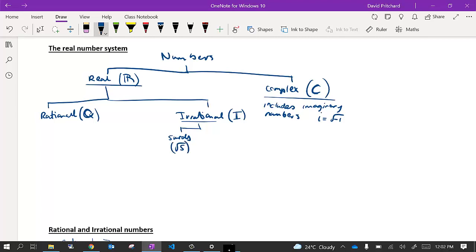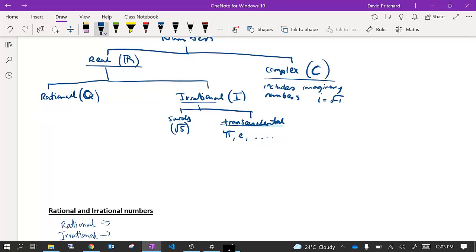A square root or a fractional index where we cannot simplify it down to an integer value, and transcendental numbers, which are irrational constants, and one of them you'll know quite well, which is pi, and there's also Euler's number, and a whole slew of different transcendental numbers that you can look up in your own time.